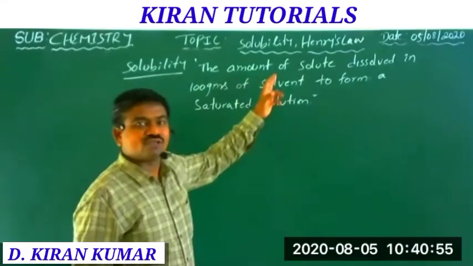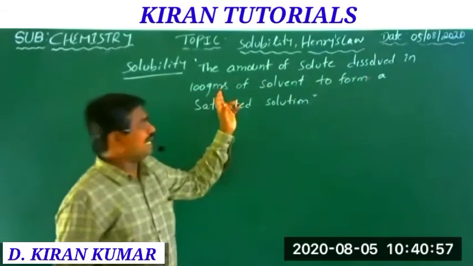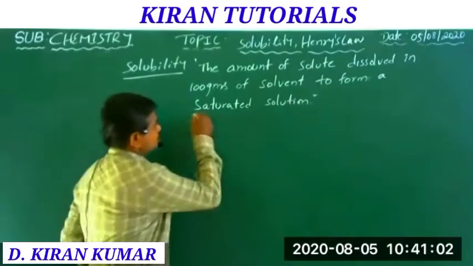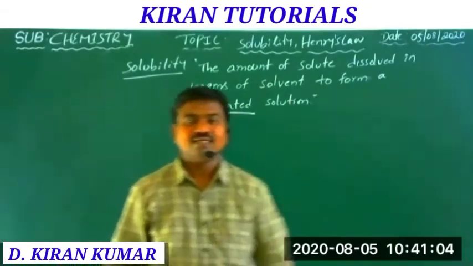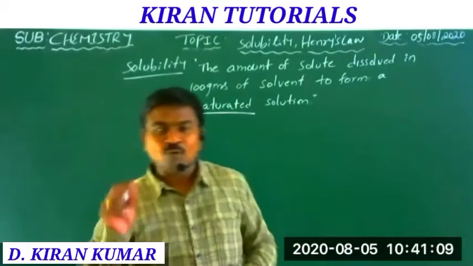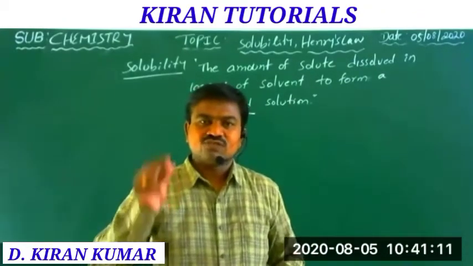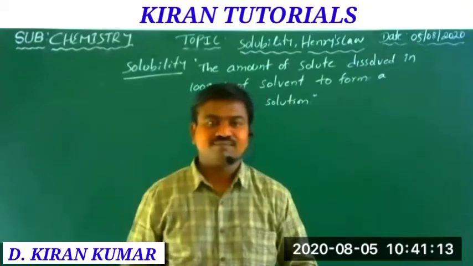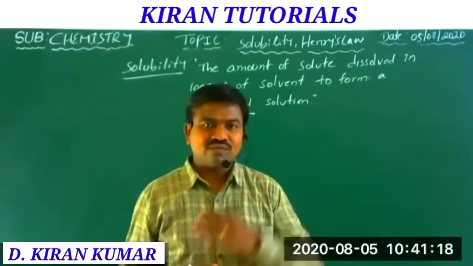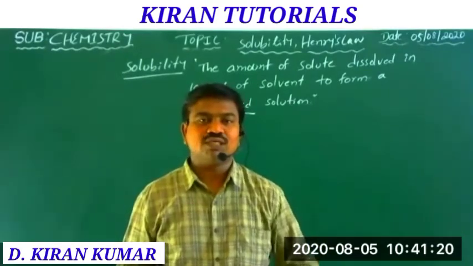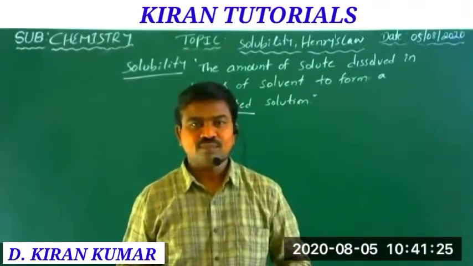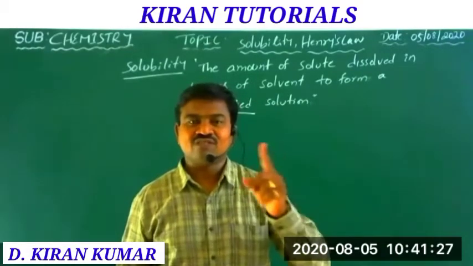So some amount of solute dissolved in 100 grams of solvent to form a saturated solution is called solubility, means how much solute is dissolved in solvent. We are going to discuss how to find out the amount of solute dissolved in a solution. Okay, so that is the definition of solubility.